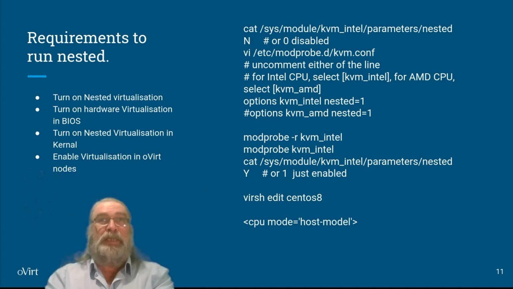Then unload the appropriate module and then reload it. And hopefully when you then cat the file, it'll show yes, a Y or 1 to show that it's been enabled.